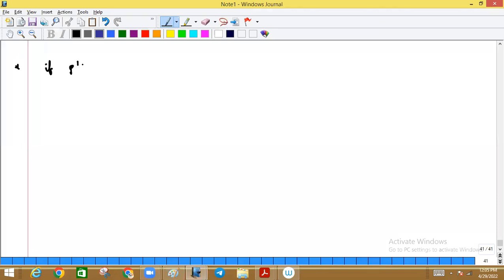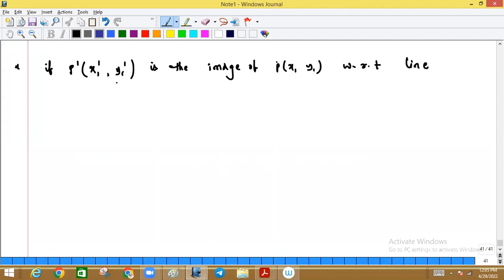If P dash (x1 dash, y1 dash) is the image of P (x1, y1) with respect to the line ax plus by plus c equals 0.